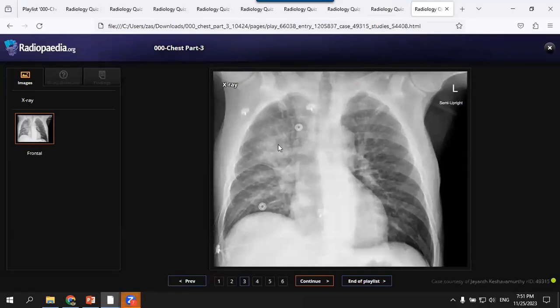patchy opacities. Any differential? Because it's mainly at the upper and mid lung zone, tuberculosis also comes on top of my differential diagnosis. Okay. The unilateral patient could also have pulmonary edema or pneumonia. With a recently noted cardiac murmur and deterioration of the condition, it may be unilateral pulmonary edema.